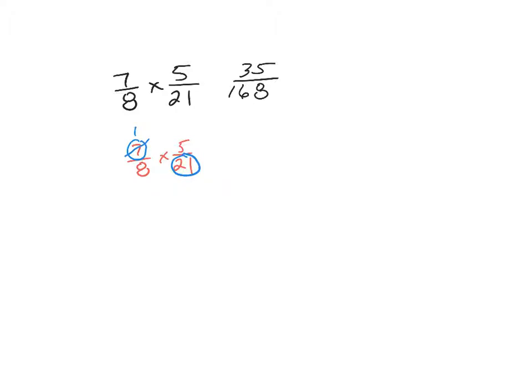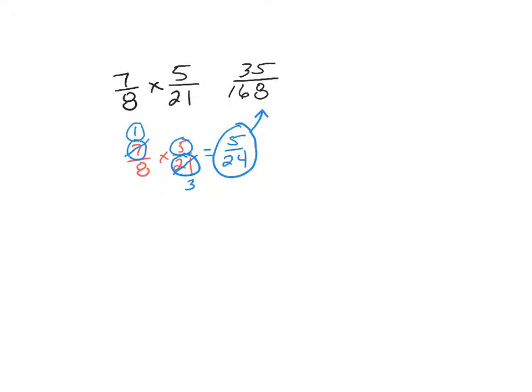If I divide 21 by 7, I get 3. Now I can multiply across. 1 times 5 gives me 5. 8 times 3 gives me 24. Now it's already in lowest terms. 5/24 is the lowest terms fraction of 35 over 168.